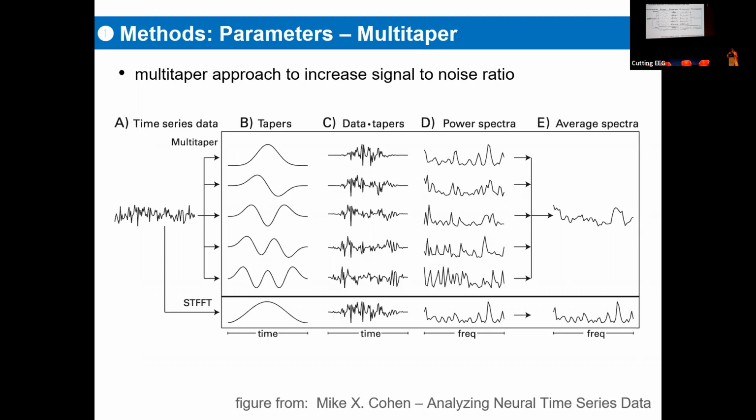Okay, but here, this is the multi-taper approach. And here you use a number of tapers. So here you use more averaging to decrease the noise. What you do is you use a number of tapering functions that are smartly chosen, multiply your data with them, and then obtain the spectra and average across all of these tapers.